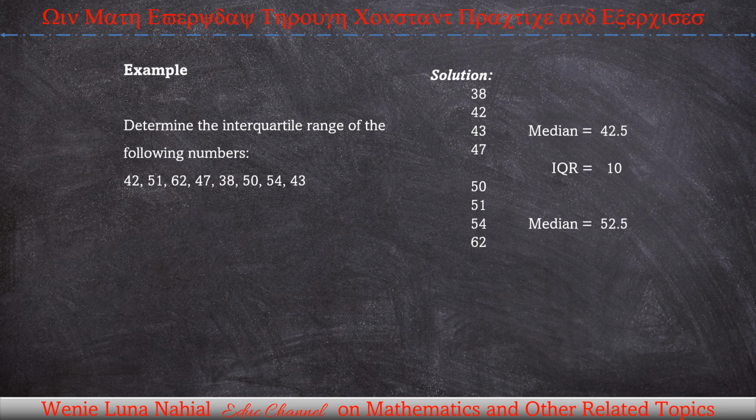Then for the upper half, you have to get the average of 51 and 54. That is equal to 105 divided by 2. That is 52.5. So 52.5 minus 42.5 is equal to 10. So the interquartile range of the given numbers is 10.